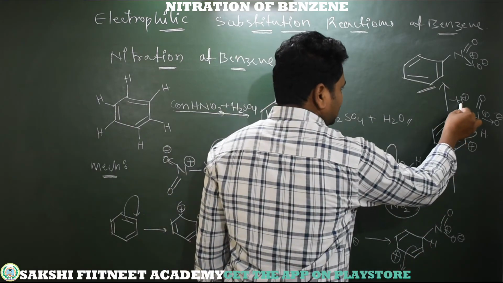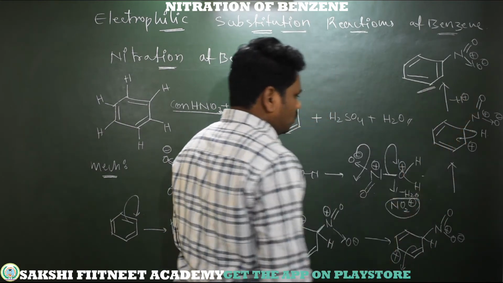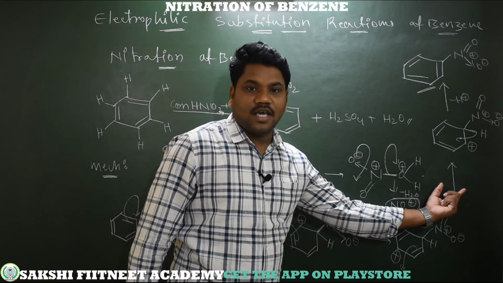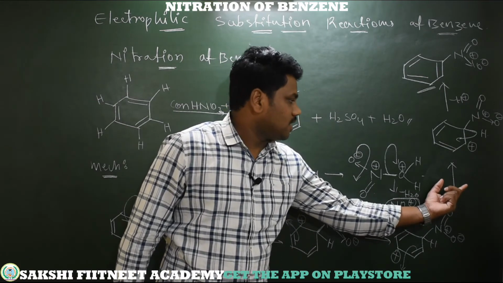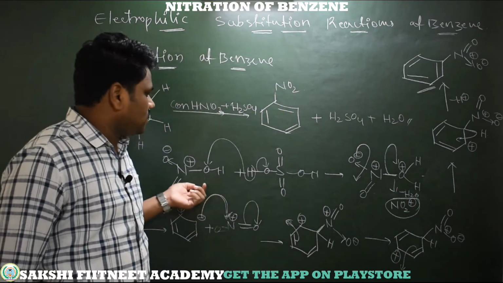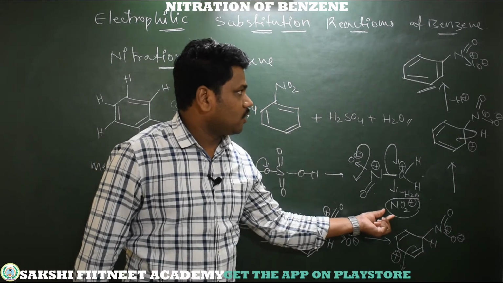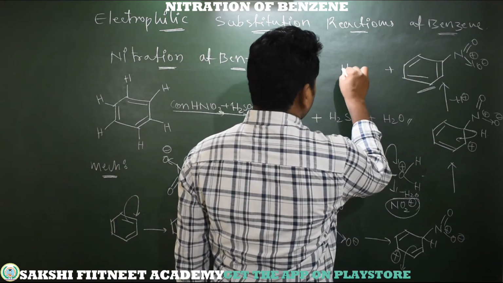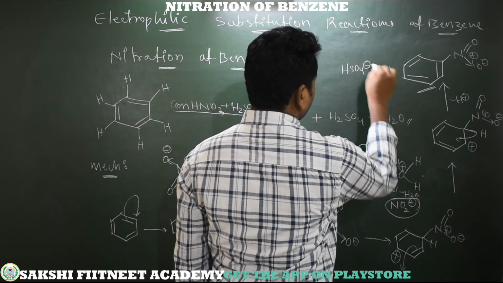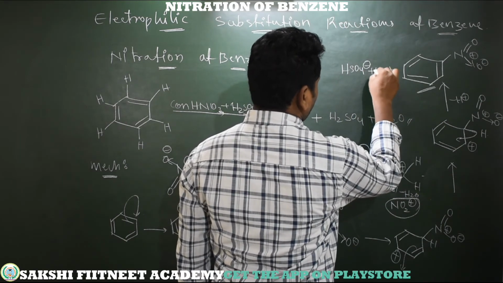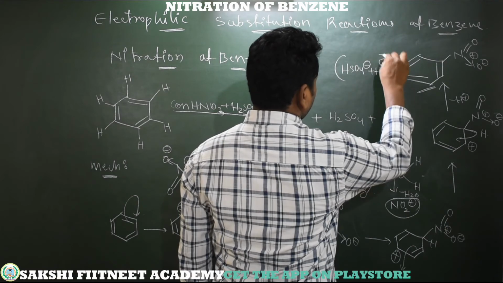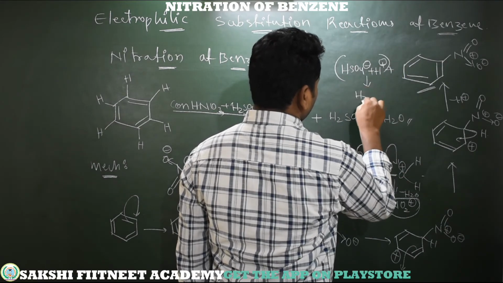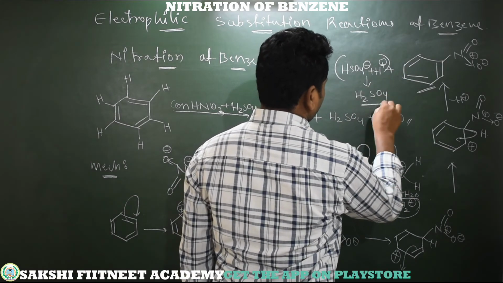And what about this H plus? This H plus neutralizes HSO4 minus, HSO4 minus which we got while generating the electrophile. So that H plus with HSO4 minus plus H plus, it becomes H2SO4.